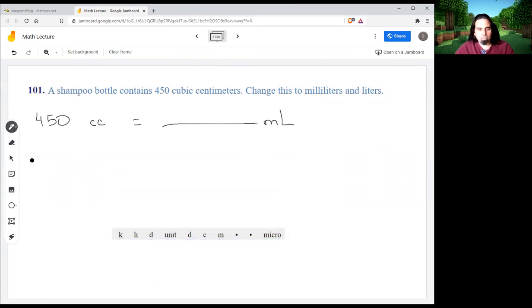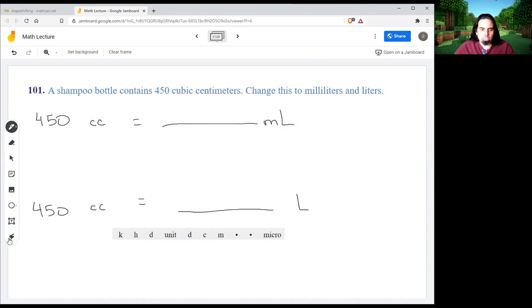And then we're doing that into plain liters. Liters, they capitalize because otherwise it looks too much like a 1 and you wind up multiplying by 1 and getting the wrong answer.